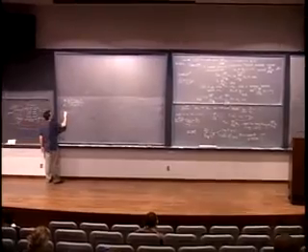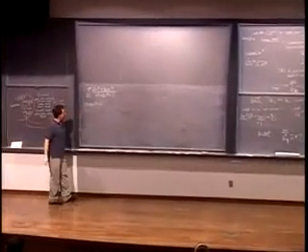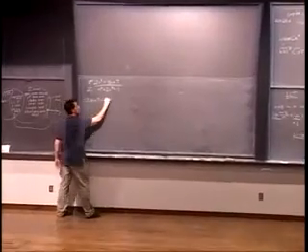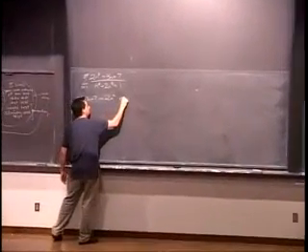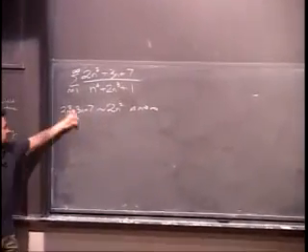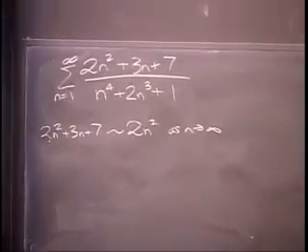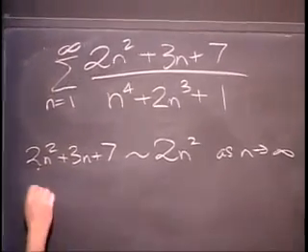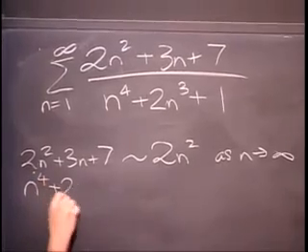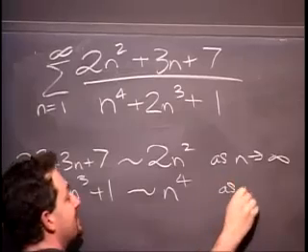Look, in 2n squared plus 3n plus 7, the largest term of a polynomial dominates when n goes to infinity. You can prove this by taking the ratio. You'll get 1 plus smaller stuff that goes to 0, stuff with powers of n on the bottom. Similarly, n to the 4th plus 2n cubed plus 1 twiddles n to the 4th as n goes to infinity.